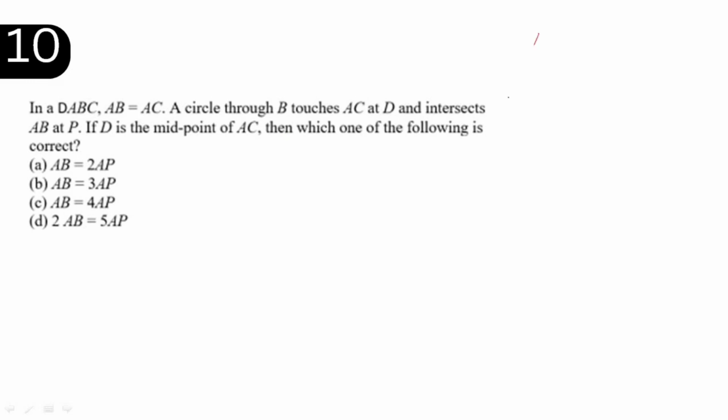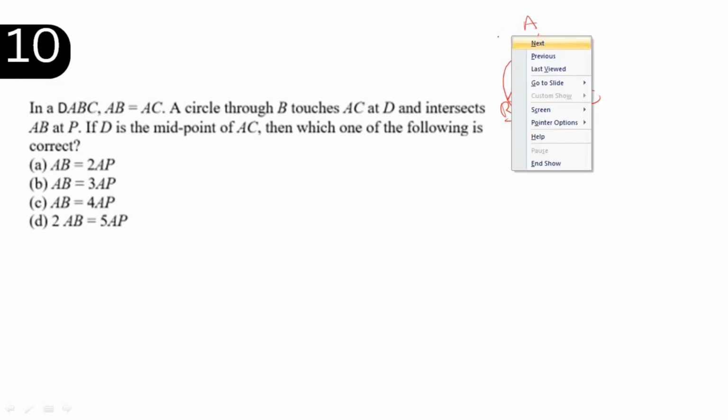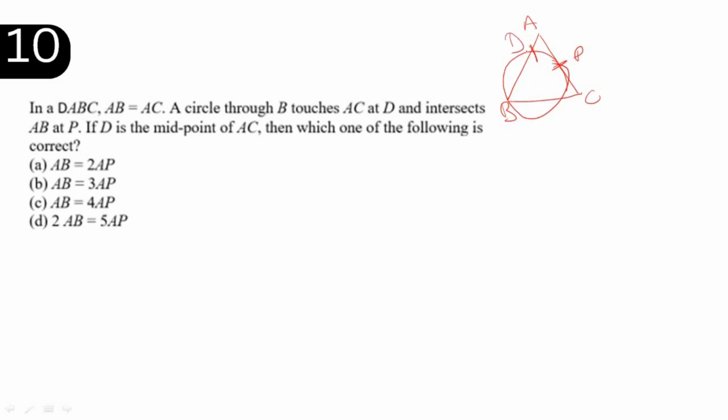So this question says in triangle ABC, a circle passes through B which touches AC at D, and D is the midpoint of AC. That means AD is equal to DC.